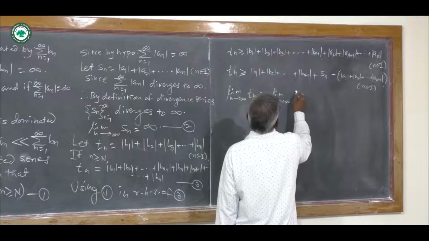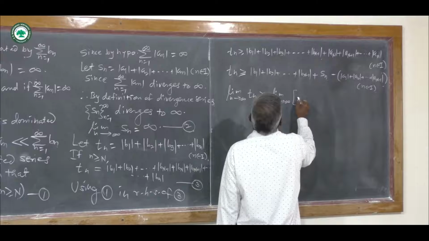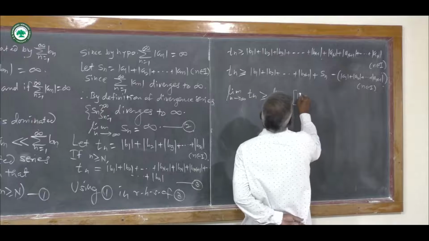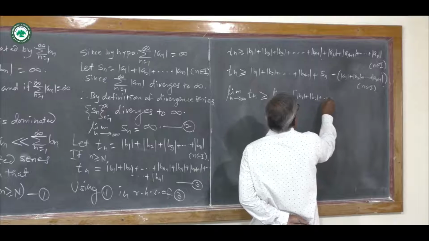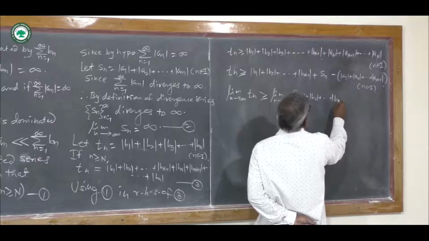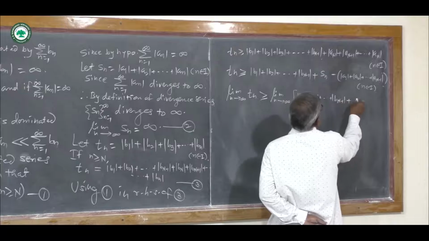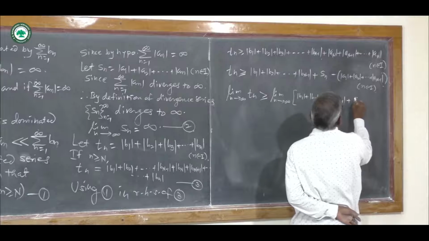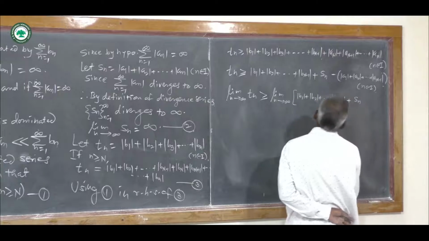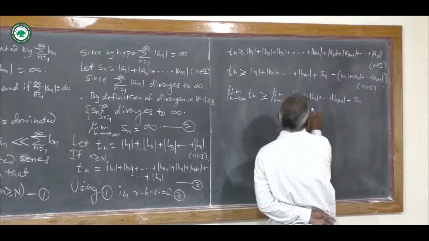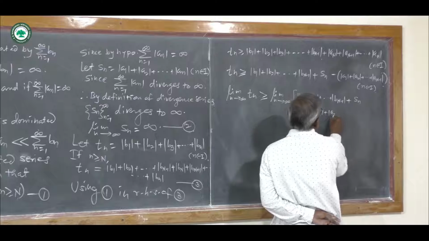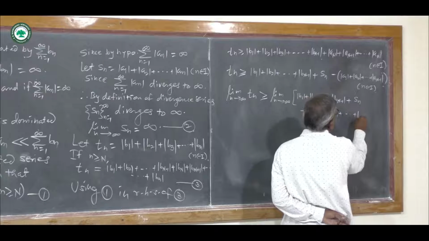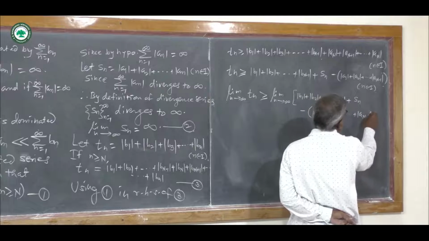That is, mod b1 plus mod b2 plus mod b3 and so on mod of bN minus 1 plus Sn minus mod a1 plus mod a2 plus and so on plus mod of aN minus 1.